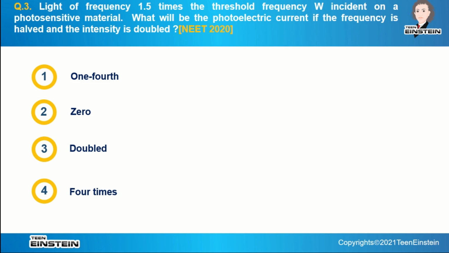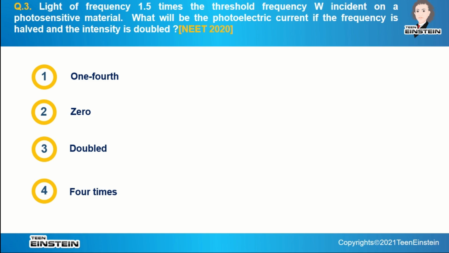So when the frequency of the incident light is halved from its original value, that is 1.5 V0, then it becomes less than the threshold value. Okay, so when you are trying to reduce the incident light frequency, automatically its value will become less than the threshold value. So when the incident light frequency is less than the threshold frequency, then automatically no photoelectric effect will be taking place.